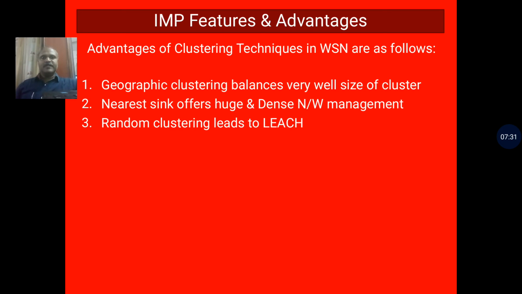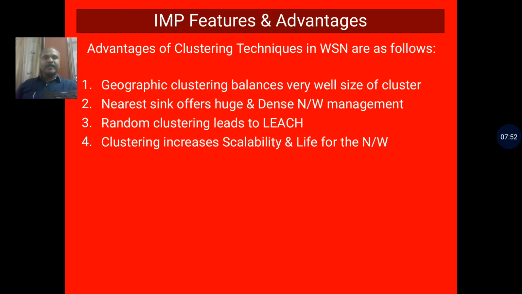Random clustering leads to LEACH, because a cluster member can be randomly chosen to play the role of cluster head. Here LEACH is nothing but low energy adaptive clustering hierarchy. Clustering increases scalability and life of the network.